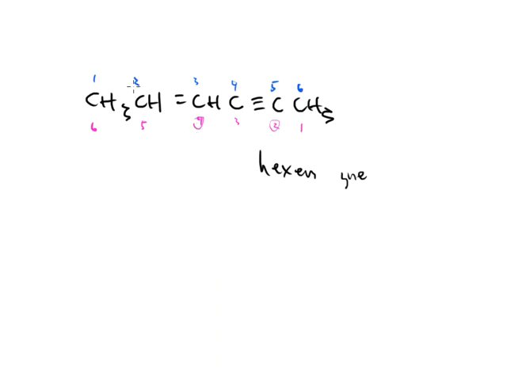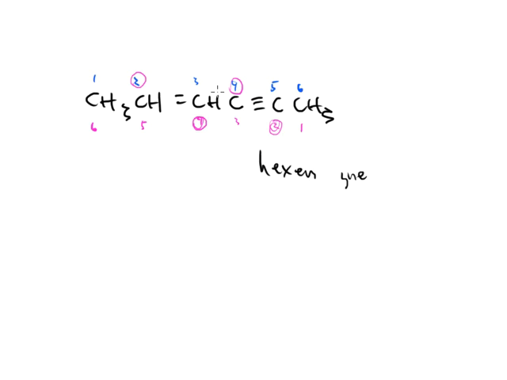If numbering left to right gives me a 2 and a 4 for the double and the triple, and then going from right to left gives me a 2 and a 4, going from triple and then double, can I just use either one? I mean, can I use both? No, you can't use both.